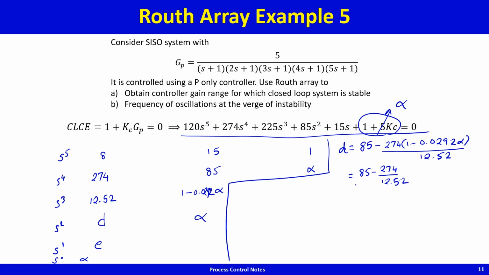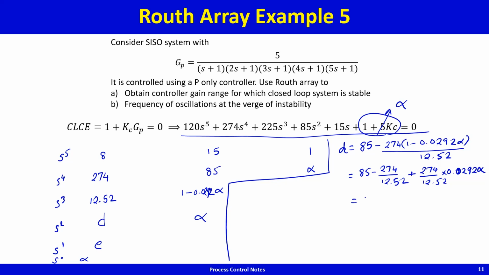Yeah, so this is going to be about 63, plus 274 by 12.52 times 0.0292 alpha.